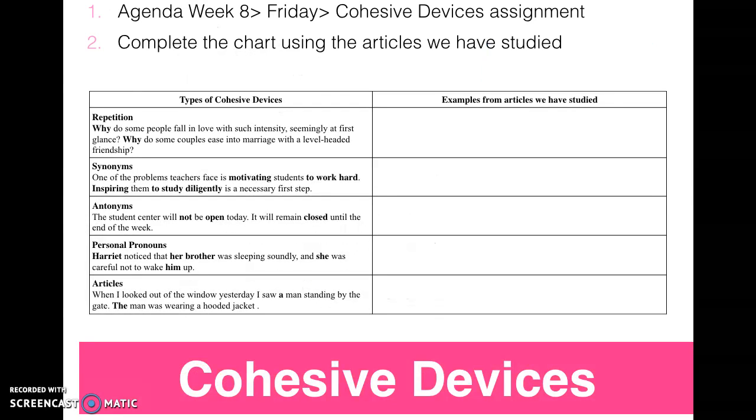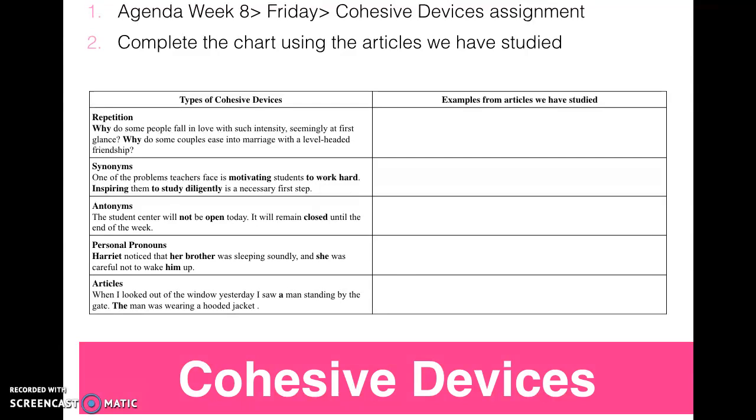Let's look at the articles that we have looked at, and we can try to find examples of these from the articles. Okay, so the first one is repetition. See from the articles if you can find any examples of repetition.